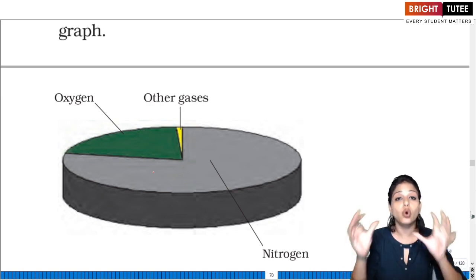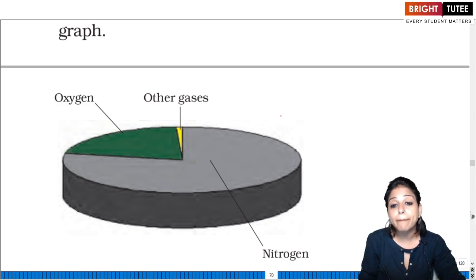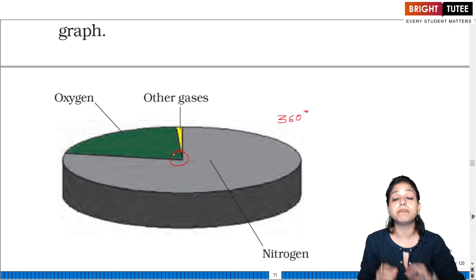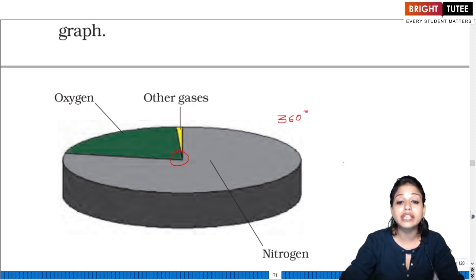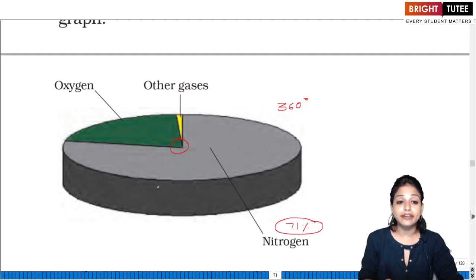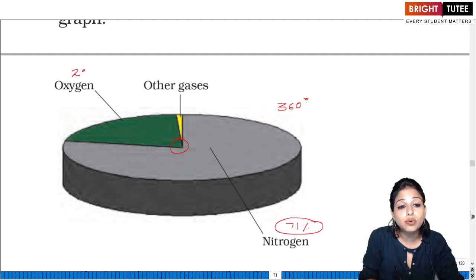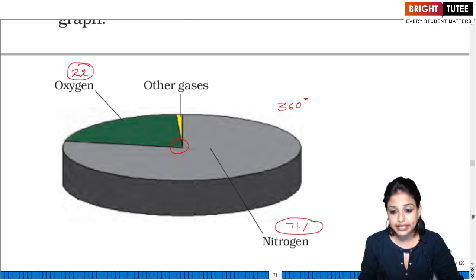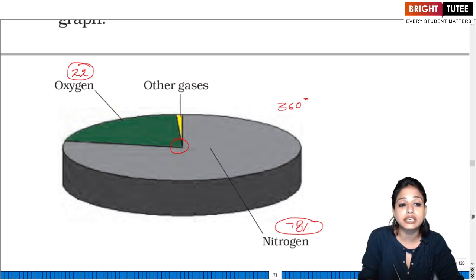Let's say we show the whole of the world's atmosphere by 360 degrees of a circular pie chart. Out of that, around 71%, actually it is 78%, right, is nitrogen, and around 21% is oxygen. And the remaining is 1%.